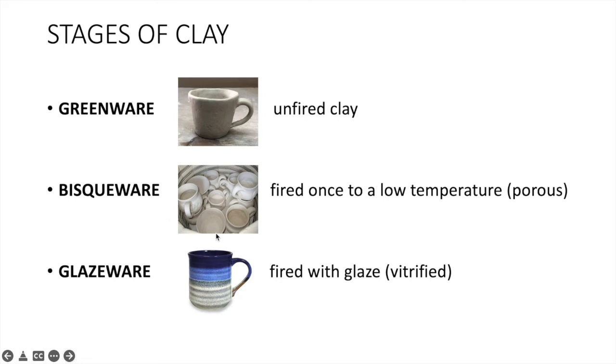And that name comes from England, where they looked at the clay, they fired it once, and they're like, that looks like a biscuit. So they would call it bisqueware. So that's how you can remember it. Glazeware, it's fired clay with glaze on it. It's vitrified, usually pretty vitrified. Not necessarily 100%, but it's going to be more vitrified. So those are the stages of clay: greenware, bisqueware, glazeware.